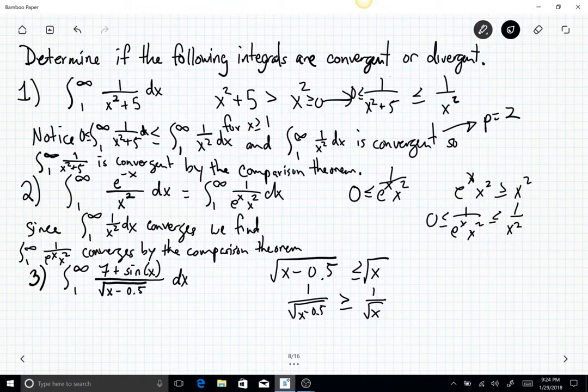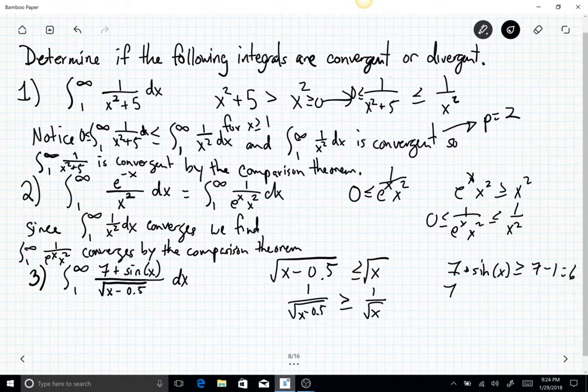And when you think about the next piece, how do we work with the 7 plus sine of x? Well, we don't even have to go any further. 7 plus sine of x, the lowest sine can be is negative 1, so this thing has to be greater than or equal to 7 minus 1, which equals 6.